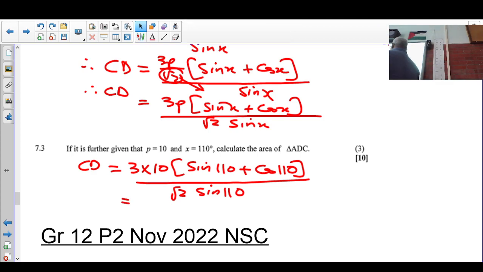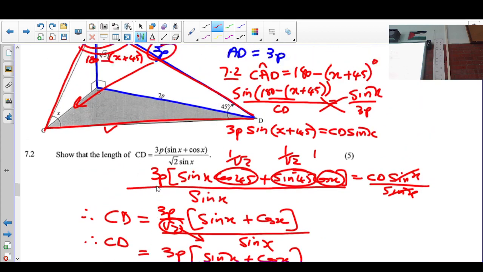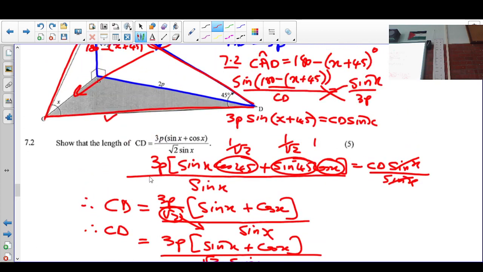So it's going to be 3 times 10, open bracket, sine 110 plus cos 110, and this is over root 2 sine 110. That gives us 30.49. Okay?